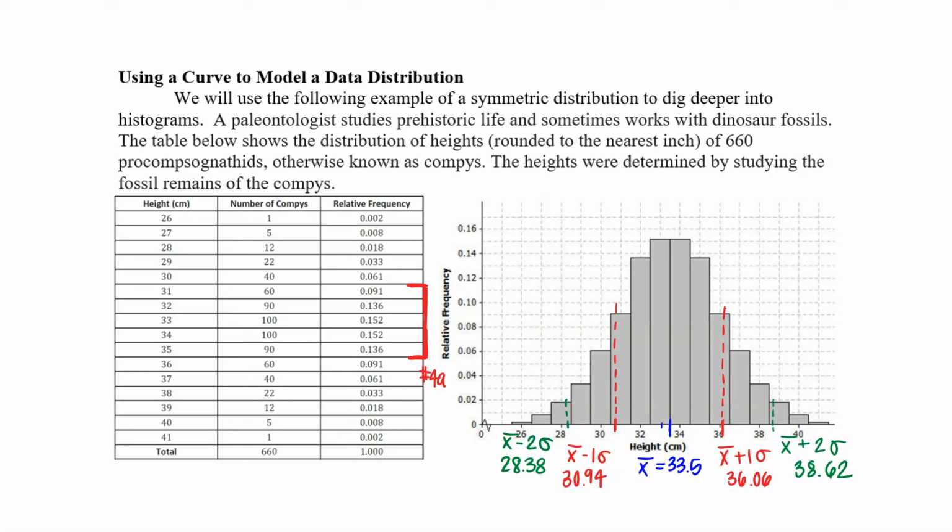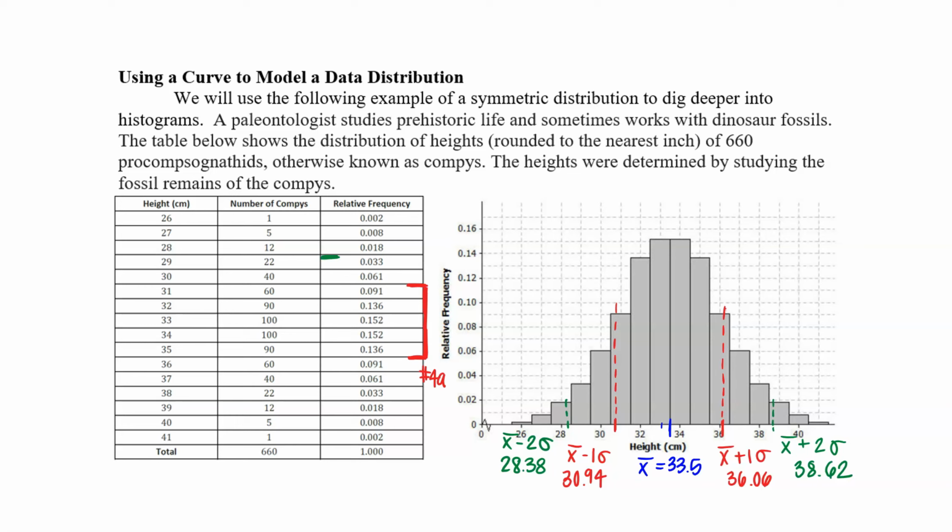To find the percent of values between the two green bars, which represent two above and below from the mean, I'm also going to use my relative frequency table. I will be approximating the relative frequency since we do not have integers for our standard deviations above and below the mean. For 28.38, I'm going to take everything starting at 29.